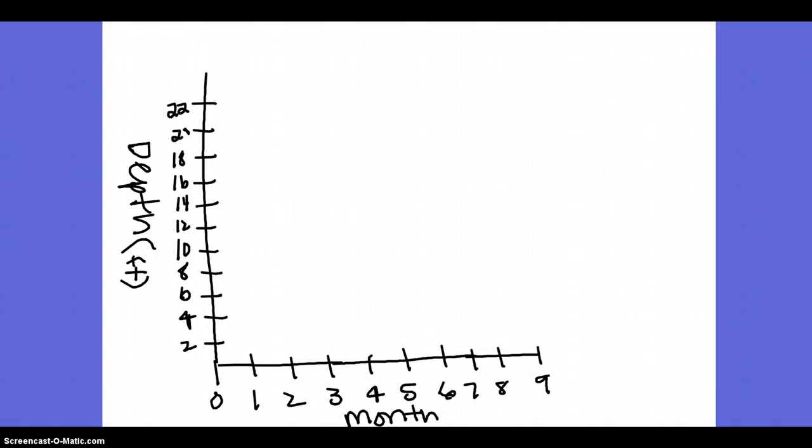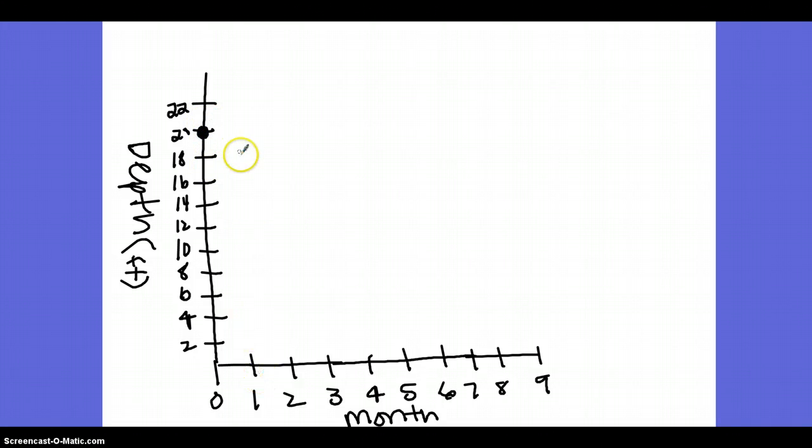All right, sorry about that. And so now we need to sketch our scatter plot. So make sure months are on your x, depth is on your y, and then I can start. So our first point is 0, 20. So 0 up to 20.